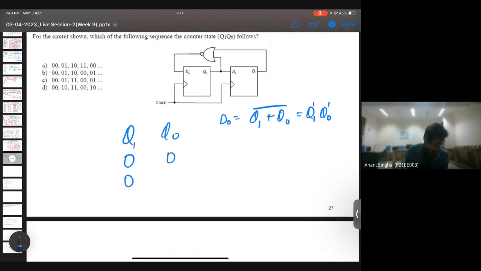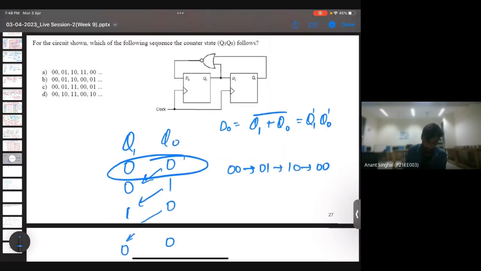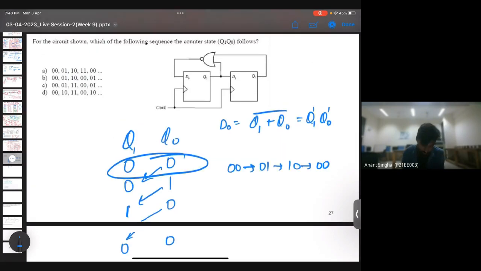So we'll write the same Q1 here, and then this Q naught will be 1. Then we'll write the same here, and this will be 0. We'll write the same here, and this will be 0. So we have got from 0 0 to 0 1 to 1 0 to 0 0, which is option B.